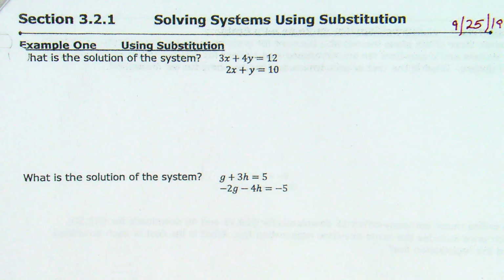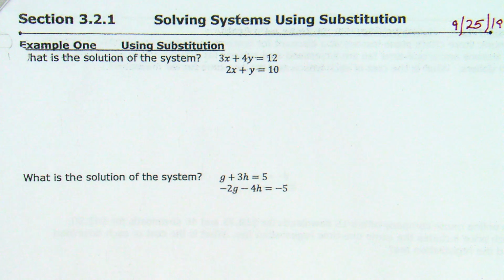Substitution, we need one of our equations to be solved for either x or y, so that we can then substitute it into the other. In example 1, it's very possible I would actually do elimination, but it is also a very valid substitution problem.